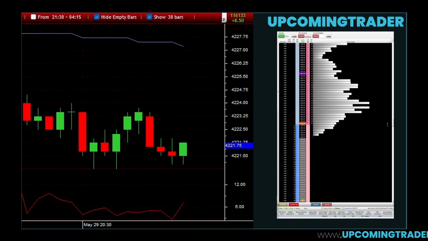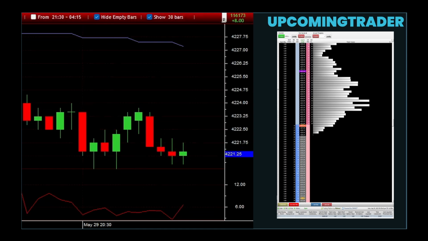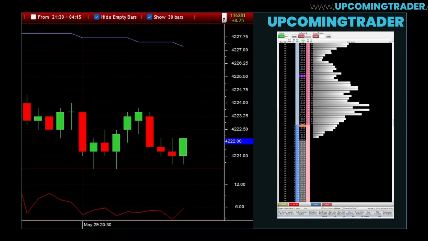Triangles are another type of chart pattern that can help traders make decisions. There are 3 main types of triangles: ascending, descending, and symmetrical. An ascending triangle is formed when the stock's price makes higher lows while facing resistance at the same level, indicating a potential breakout to the upside.